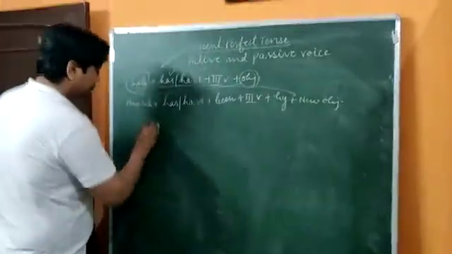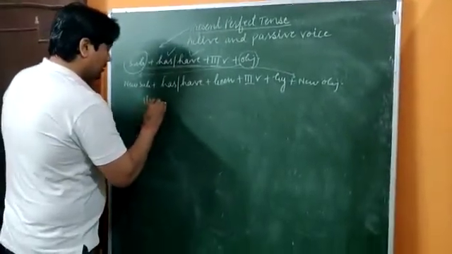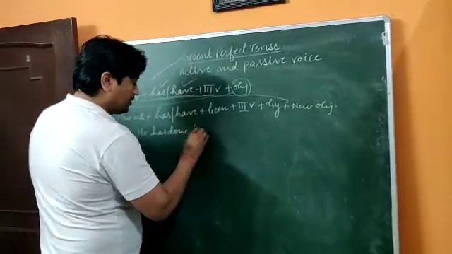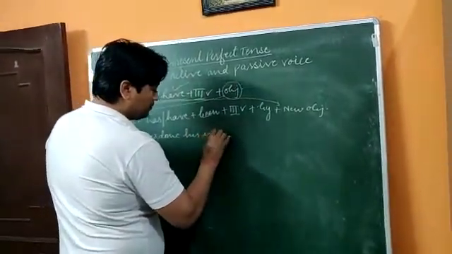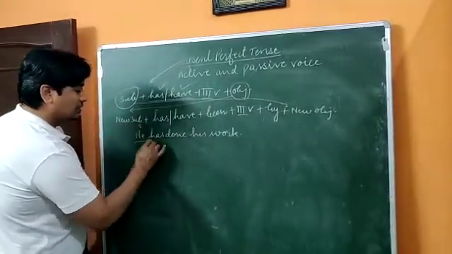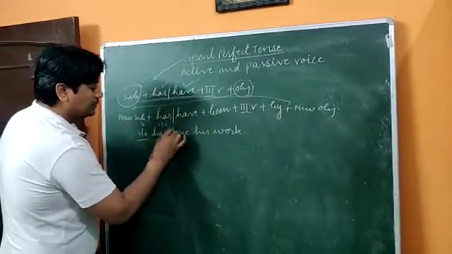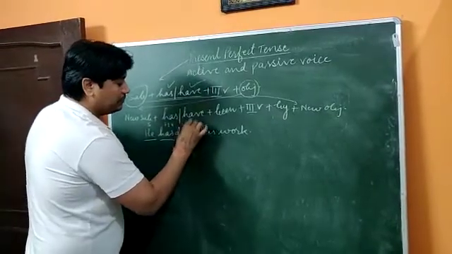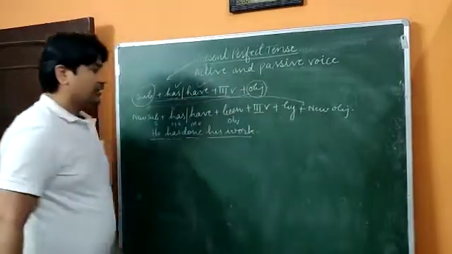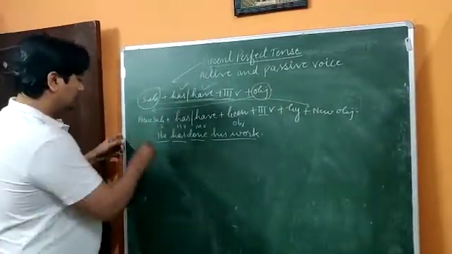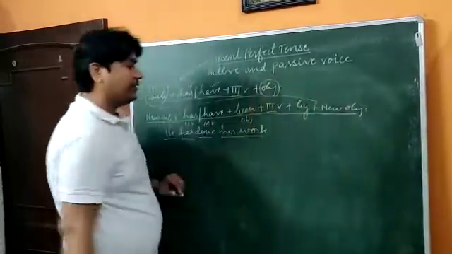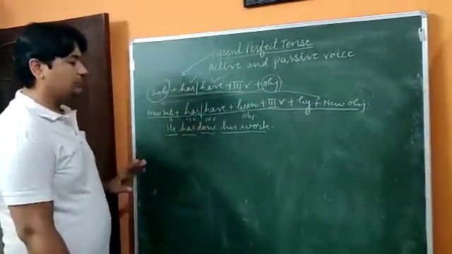For example, he has done his work. So this is the subject, this is helping verb, this is main verb, this one is object. Now follow the rule and change the active into passive.